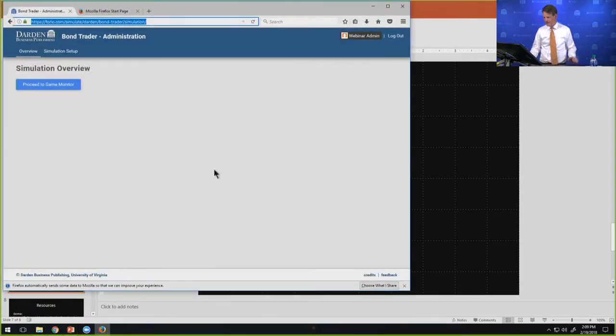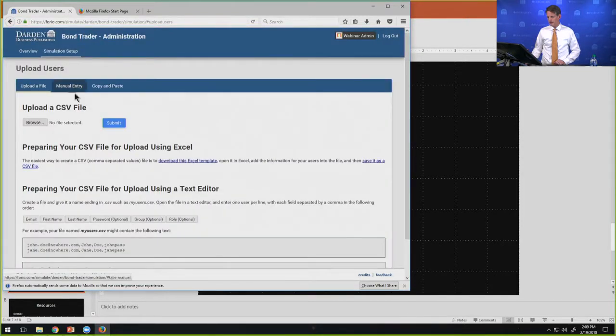So the setup. As you get the simulation, you'll be sent to a login screen, and this login screen will allow you to get into the administrative section of the simulation. I'm going to click on simulation setup and then upload users.